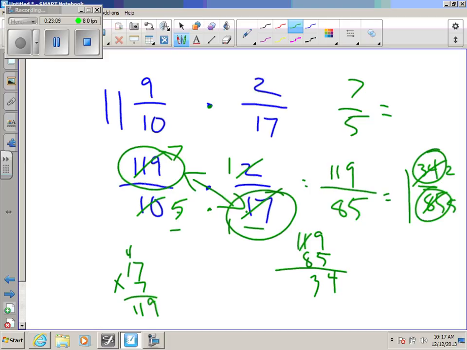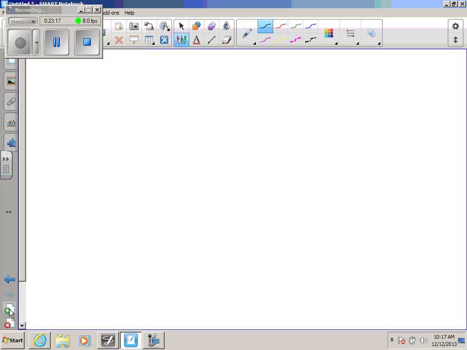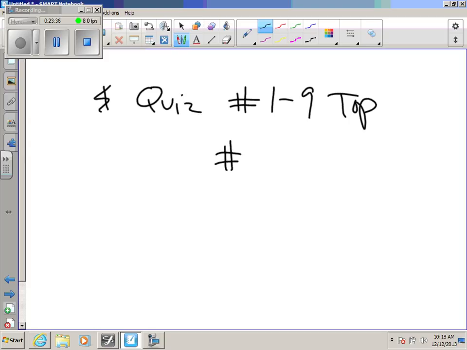All right, here's what we're going to do. We're going to finish the rest of the review tomorrow. I am assigning quiz numbers 1 through 9 on the top, and 13 to 16 on the bottom.